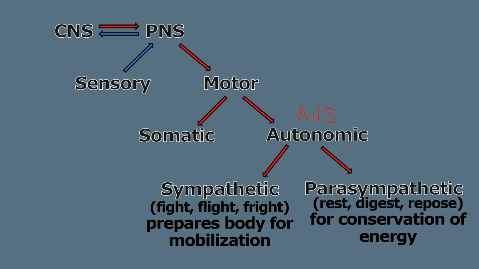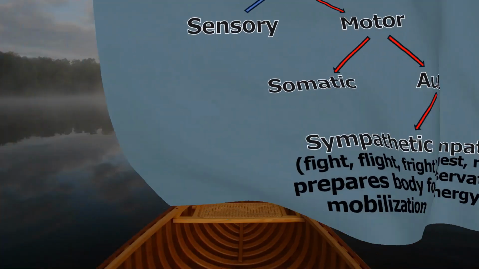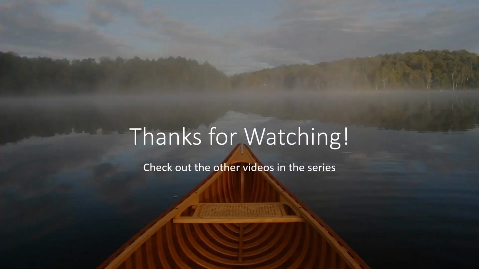Parasympathetic is the opposite. If you want to think about this branch, it's about rest, digest, and repose. That is, think about eating a big meal, laying down on the couch, and watching a football game on the weekend. You want to get the body ready to conserve energy here, as opposed to the sympathetic branch that gets it ready for action.